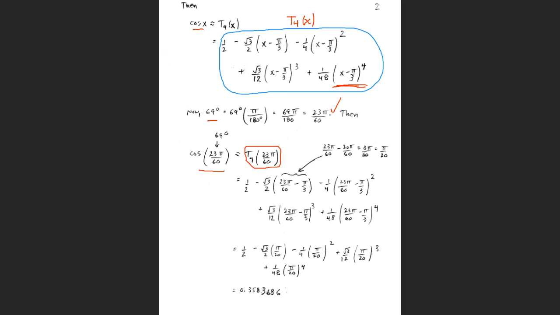So everywhere the x goes, we put in 23 pi over 60.